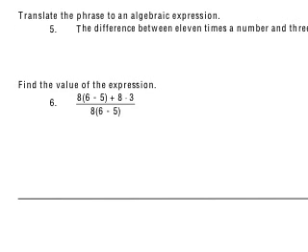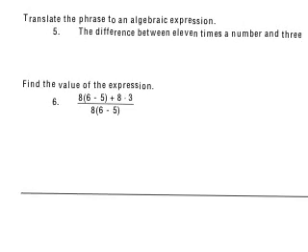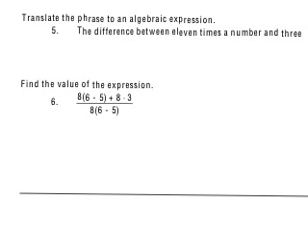Translate the phrase to an algebraic expression. All right, the phrase is the difference between 11 times a number and 3. Let me make that a little smaller. There we go. Okay, so difference is a subtraction. When it says one of 4 things, difference, product, sum, or quotient, the number that comes first is the first one in that operation.